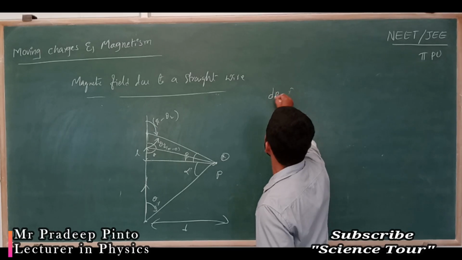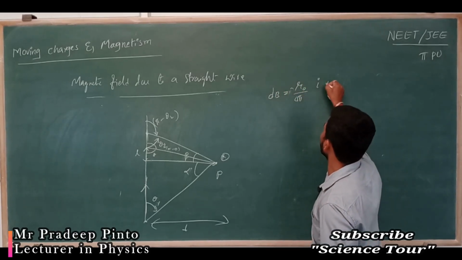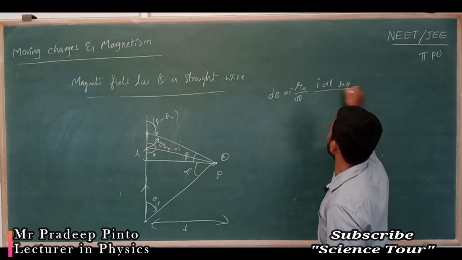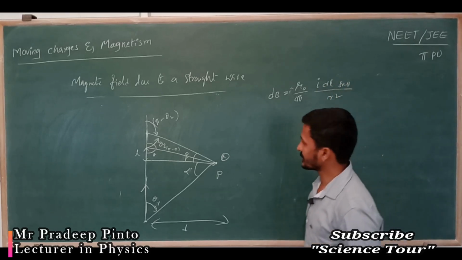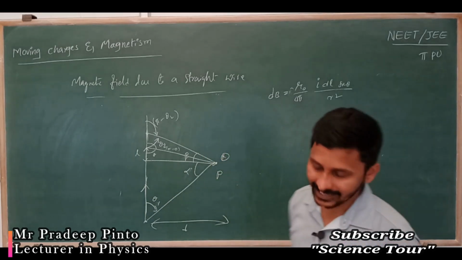So what is that magnetic field? dB is equal to mu naught divided by 4 pi times I dl sin theta divided by r square. Now r square you can write using sin theta.